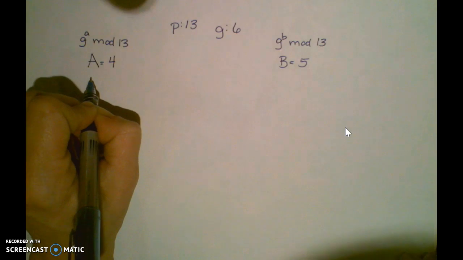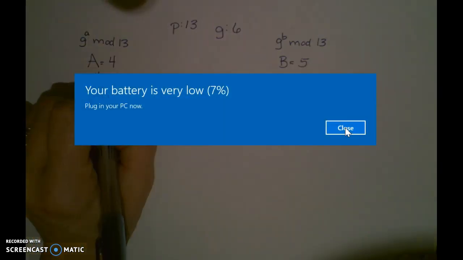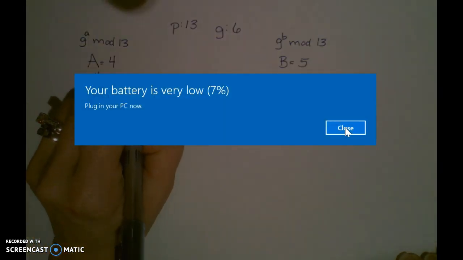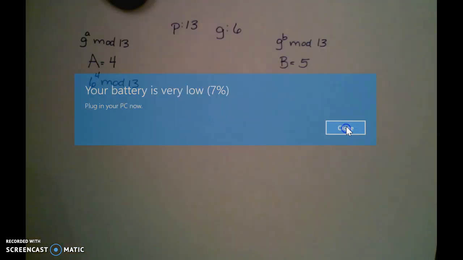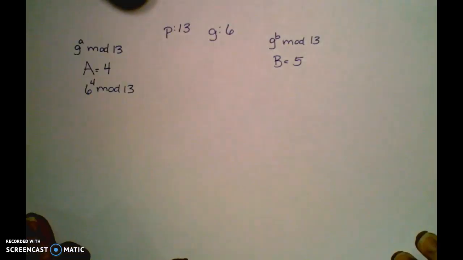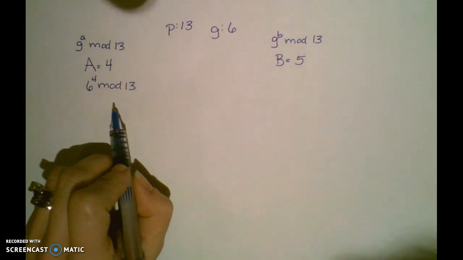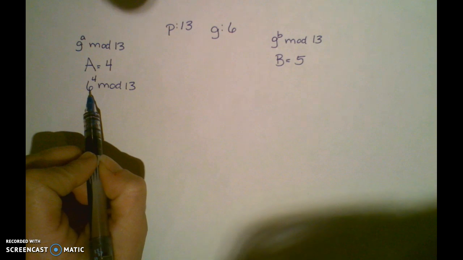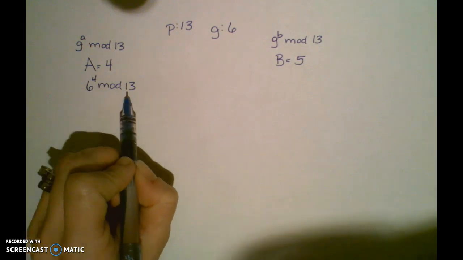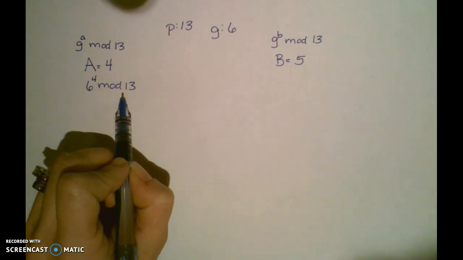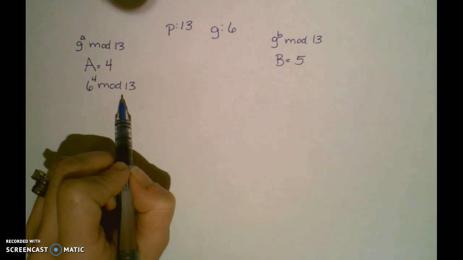So Alice is going to take 6 to the 4th power, mod 13. When I work this out, I'm going to use the order of operations. So exponents come before division, and mod 13 is telling us that we need to divide and take the remainder.